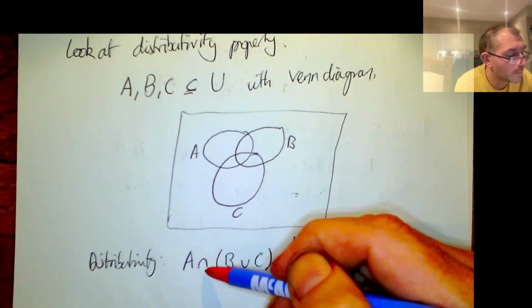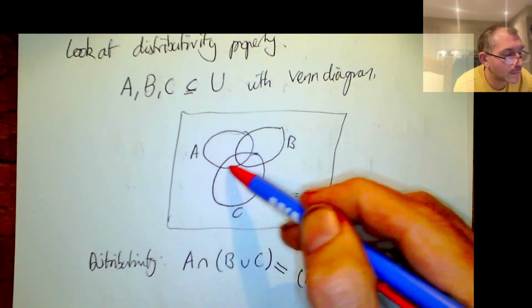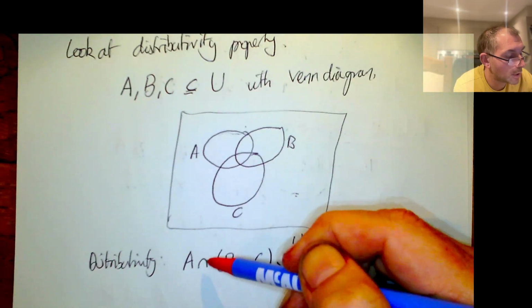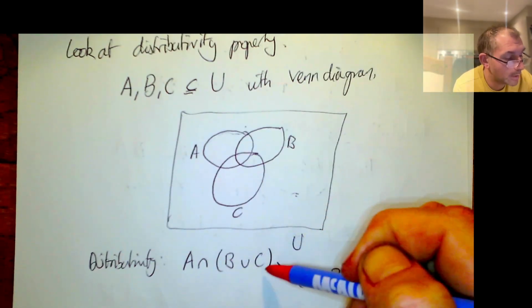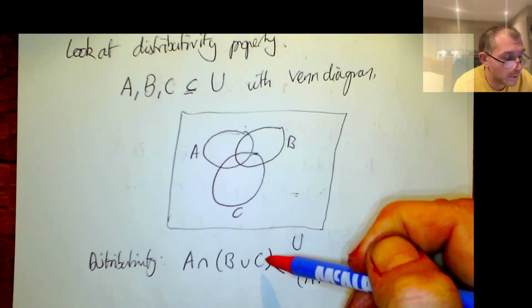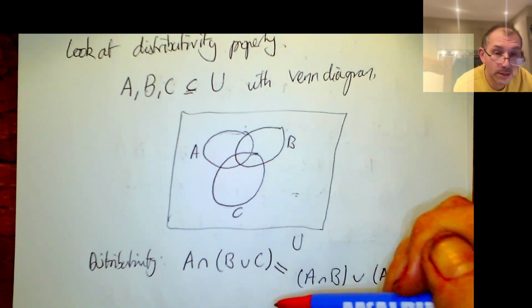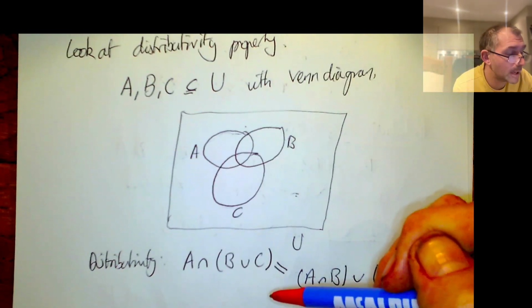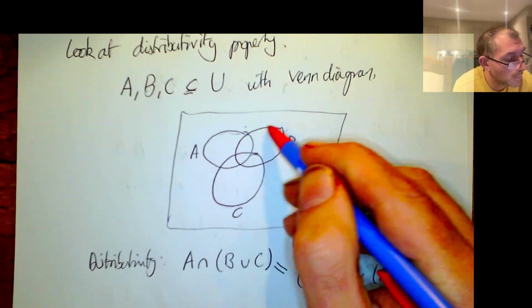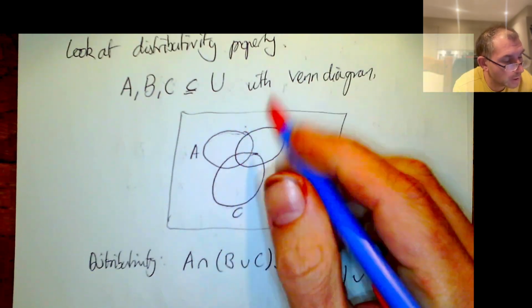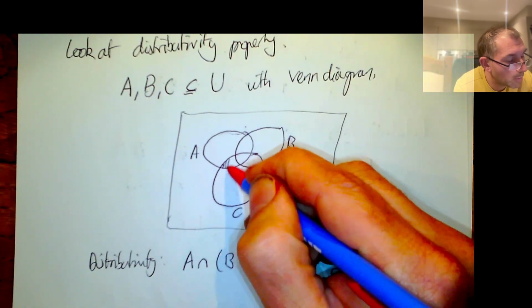If I'm doing this intersection, I want all the stuff that's in A, and I want it to be also in B or C. So anything that's in B or C is good, but it also has to be in A. So if I look at all the stuff that's in B or C and also in A, then I get all of this.